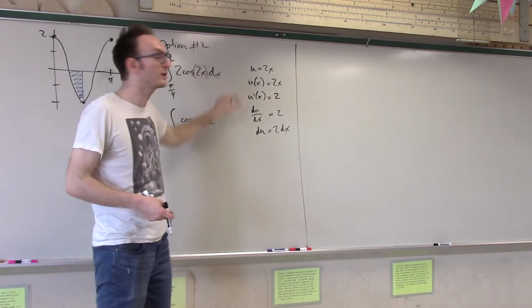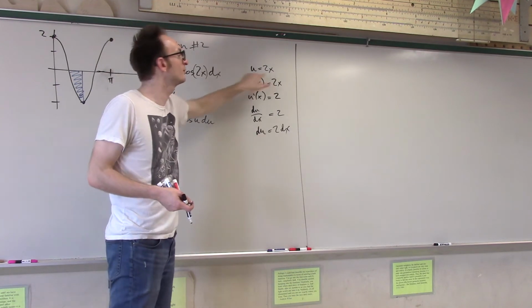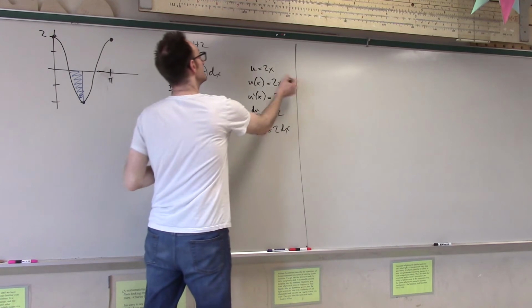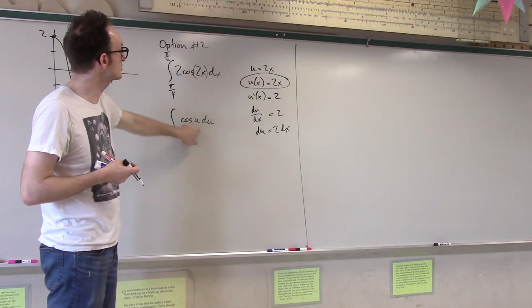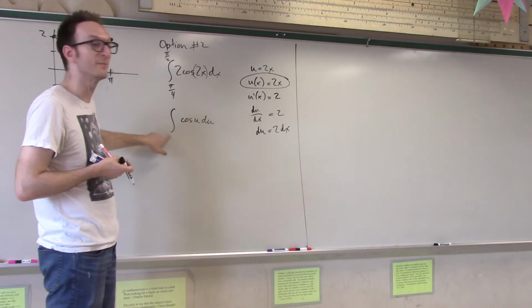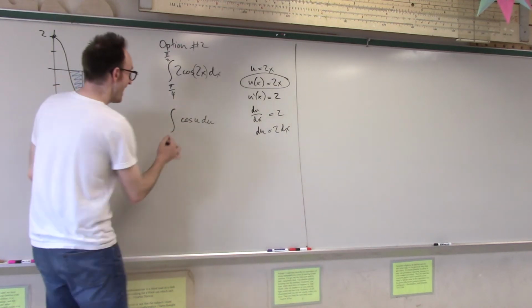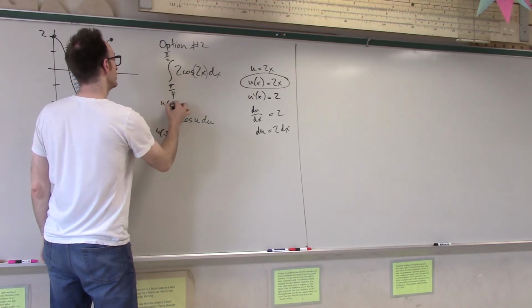What I am doing, the real deep meaning of u substitution, is converting x values to u values. And this is the formula for the conversion. If I'm changing this function to a new function, then I need to go from the point that corresponds to pi over 4 on the x-axis, which is u of pi over 4, to u of pi over 2.